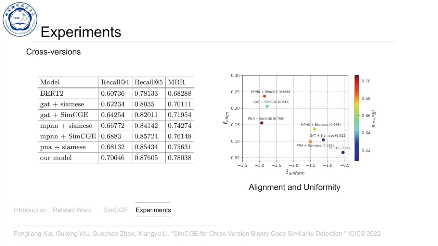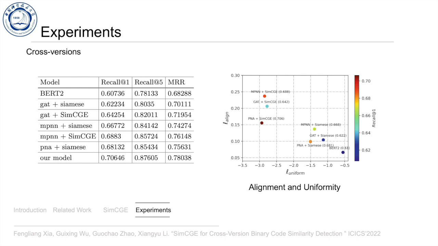In the cross-version comparison, we compared various graph neural networks in Siamese and SimCSE. We can see that PNA has the best performance, followed by MPNN and then GAT. Among the various GNNs, SimCSE outperforms Siamese.